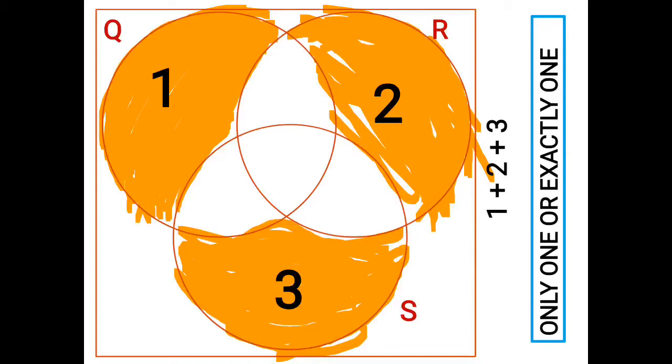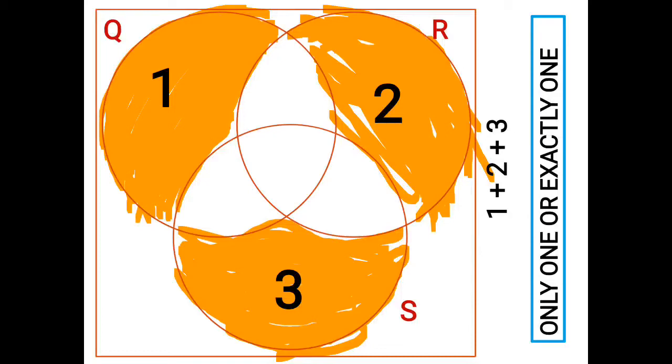So sometimes they can ask you to find the number of students who read only one subject. Now we can see that 1, 2, 3 are all about only one. Region 1 is only Q, that is only one subject. Region 2 is only R, that is only one subject. Region 3 is only S, only one subject.